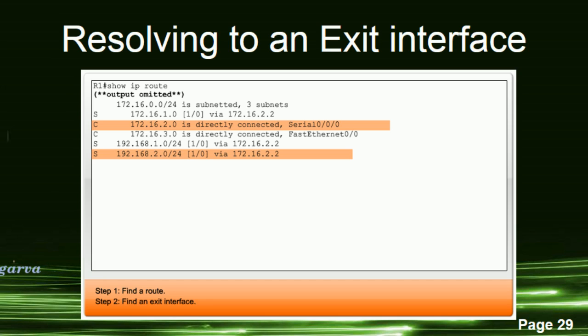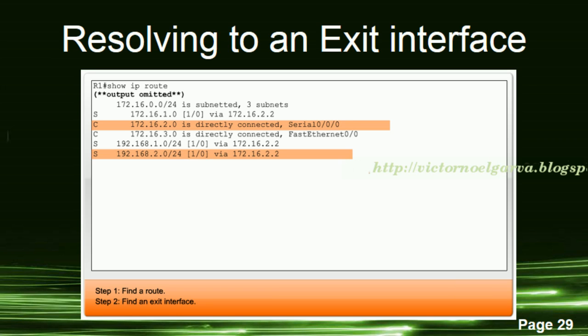Therefore, it actually takes two routing table lookup processes to forward any packet to the 192.168.2.0/24 network. When the router has to perform multiple lookups in the routing table before forwarding a packet, it is performing a process known as a recursive lookup. In this example, 1.